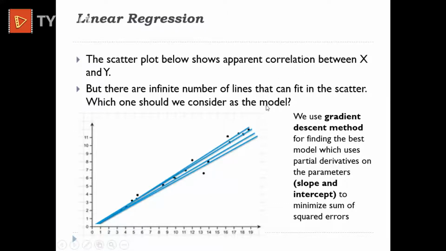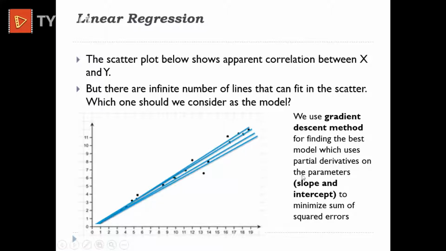So that would be computed by using gradient descent method, or a variant of gradient descent method, which is used to find the best fit model, which basically uses partial derivatives on the parameters slope and intercept. Why slope and intercept? So every line in mathematics is represented by the equation y equals mx plus c.